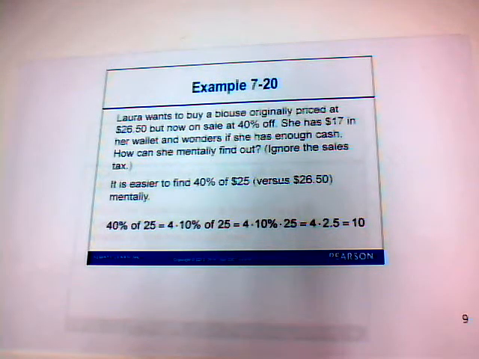If we do 40% of 25, that's the same as saying 4 times 10% of 25. So 4 times 10% of 25, which is the same as 0.10 times 25, or 2.5. Then 2.5 times the 4 would be 10.